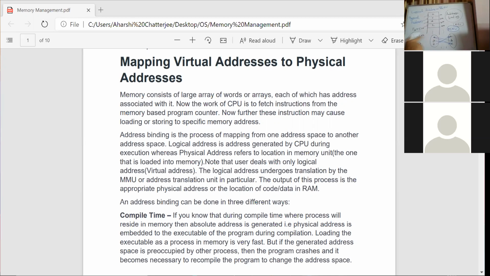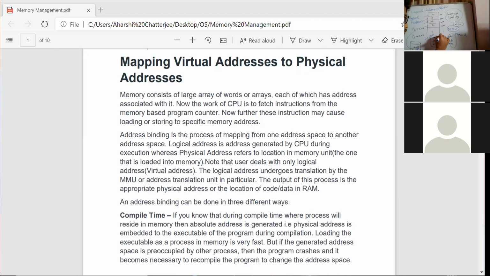This procedure, the logical address to physical address conversion, the technique is known as address binding. Mathematically, we can think of it as mapping logical addresses to physical addresses. Suppose this is the set of logical addresses and this is the set of physical addresses.